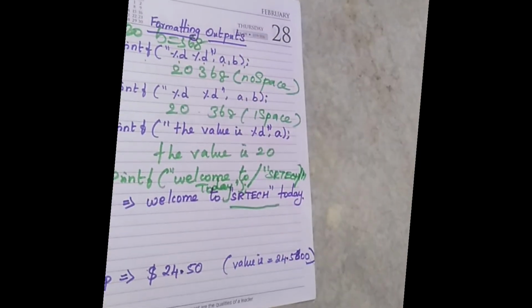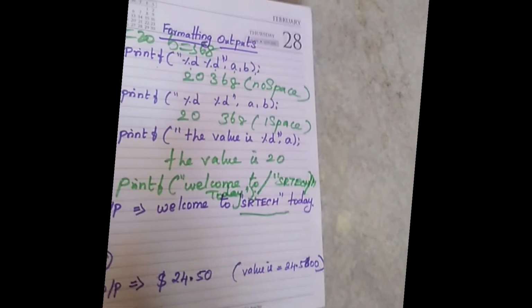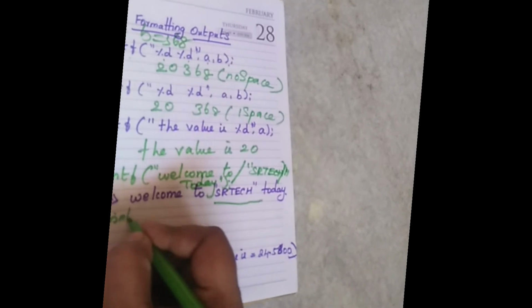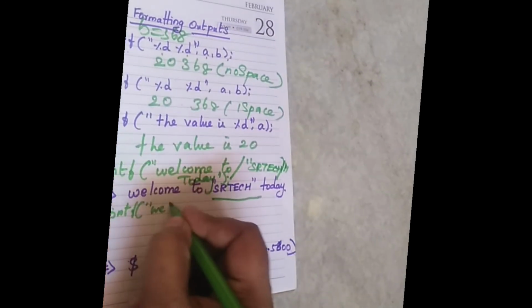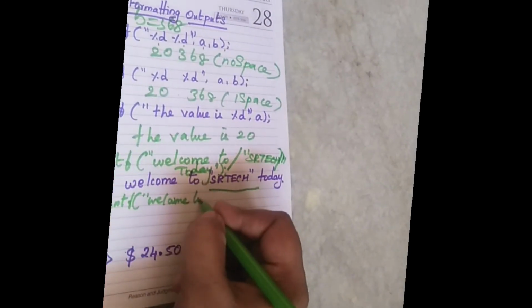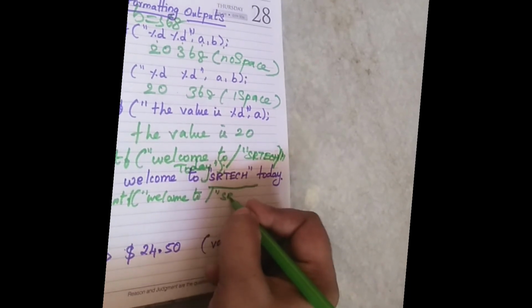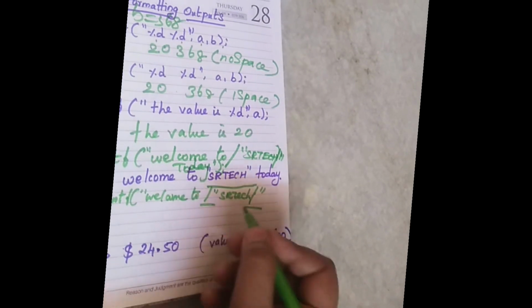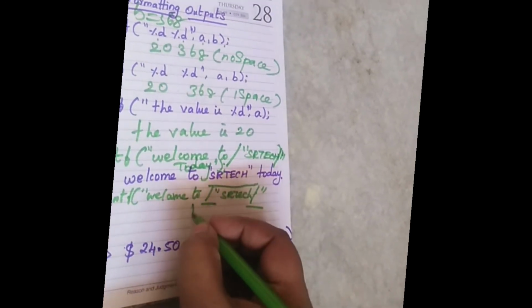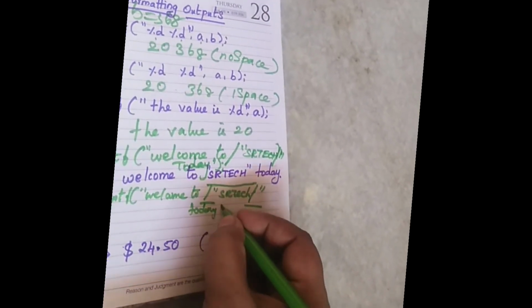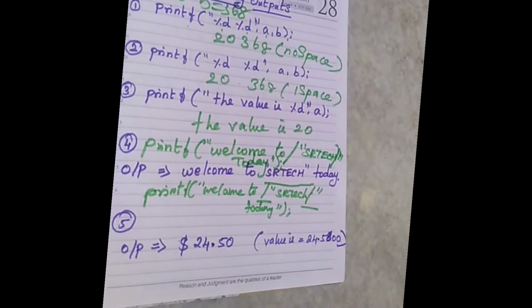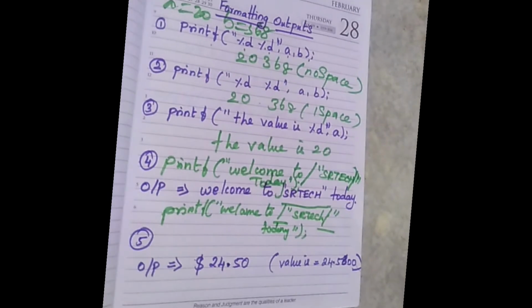If you give it like that, it will print welcome to "SR Tech" today. Again, I am writing the statement: printf welcome to SR Tech, with escaped quotes instead of plain double quotes, today. That's all.